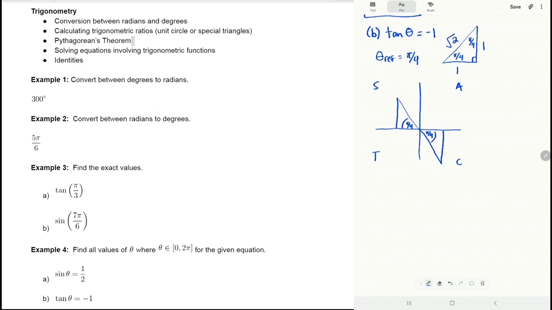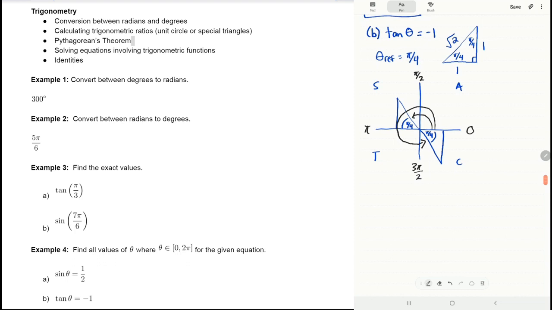So now what we need to determine is the angle measured from 0 that corresponds to these two triangles. Okay, so we have the angle 0, pi over 2, pi, and 3 pi over 2.